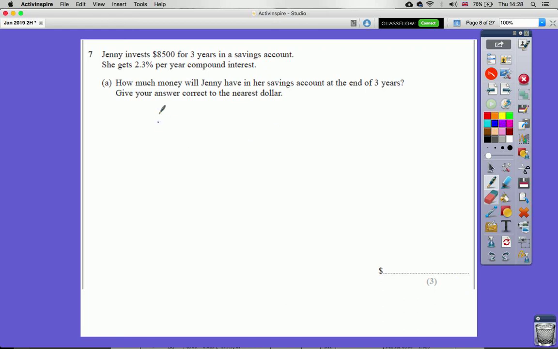So first we need to work out the multiplier. 100 plus 2.3% is equal to 102.3%, because it's a compound interest.